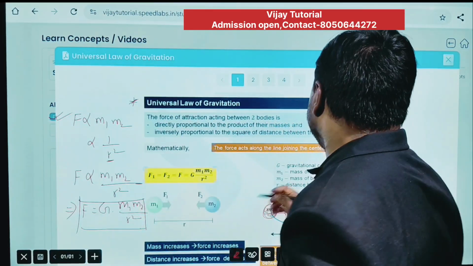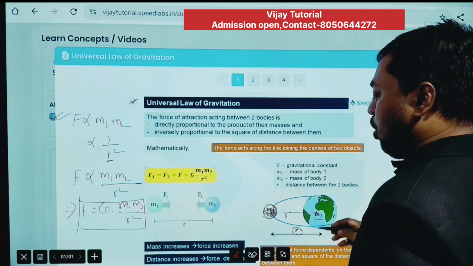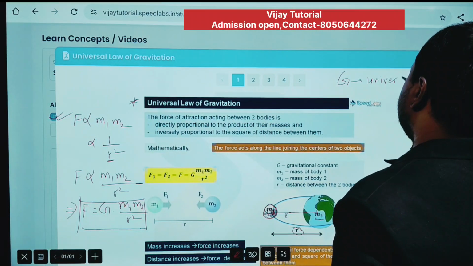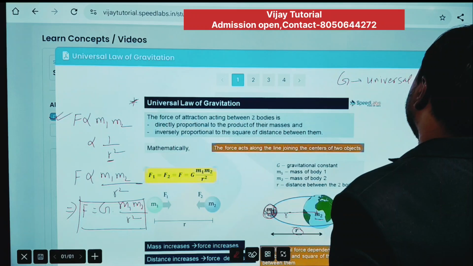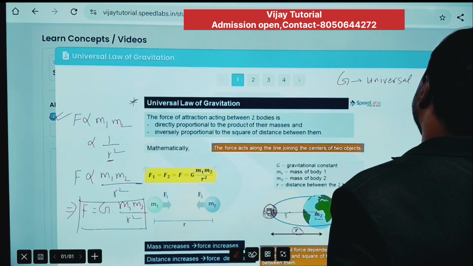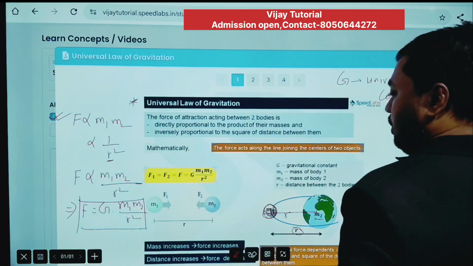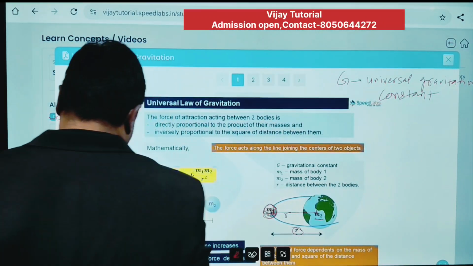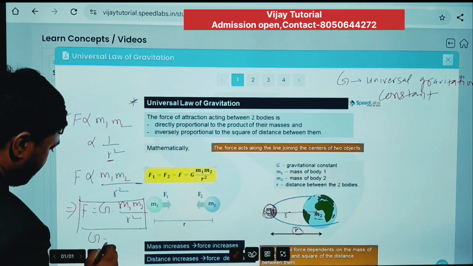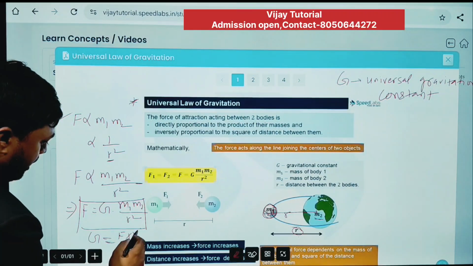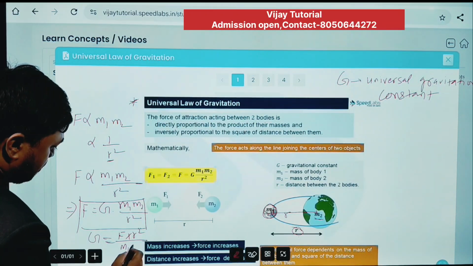Here G is called the universal gravitational constant. If you want to find the unit of G, from here we can write, cross multiply, G = F r square by m1 m2, yes or no?